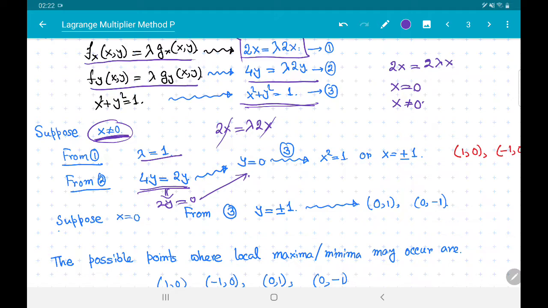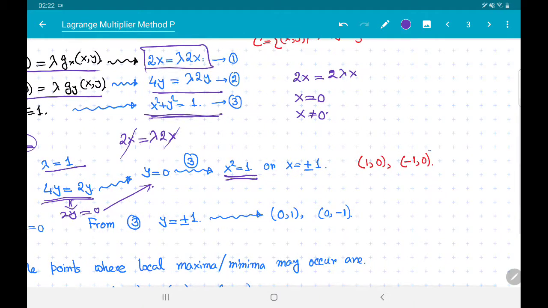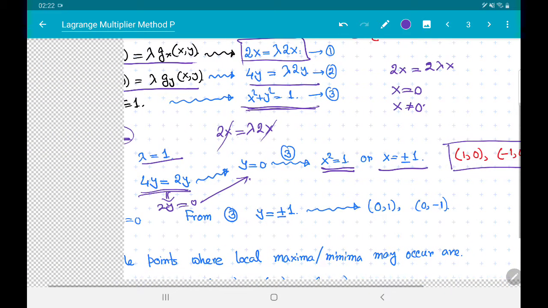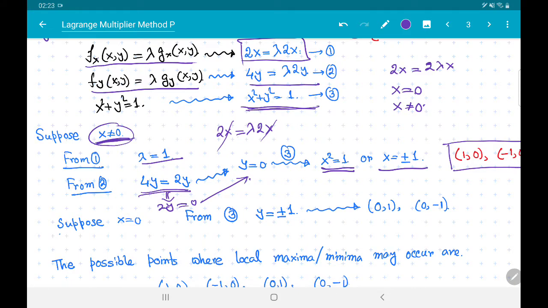Now if y is equal to 0, I can apply equation 3, and that will give me x squared equal to 1. This simply means that either x is equal to plus 1 or x is equal to minus 1. So y equal to 0 and x equal to plus minus 1. These are the 2 points that are given by the condition x not equal to 0.